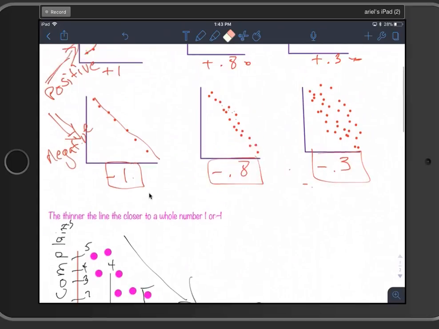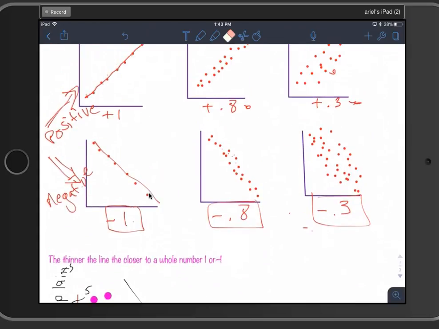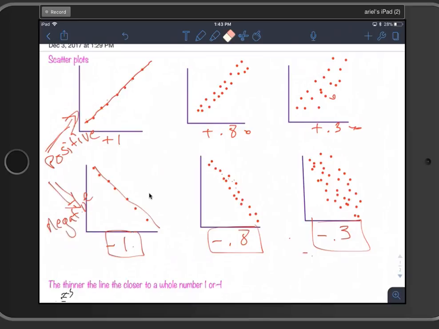But basically, you will have an example of what these look like: positive, negative, going up, going down. How hard is it to draw the line? Where would you draw the line? This one would be down, and this one would be all over the place. And that's why it gets broader, and that's why the numbers change.